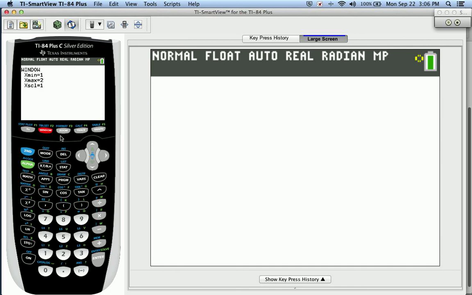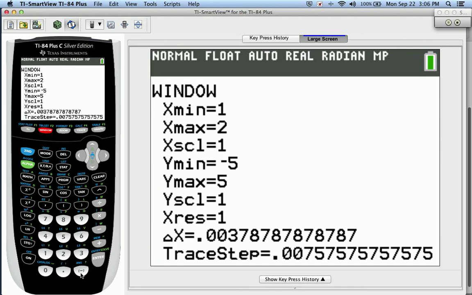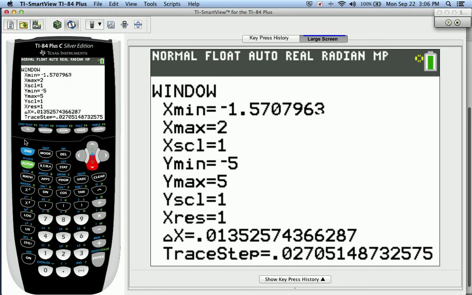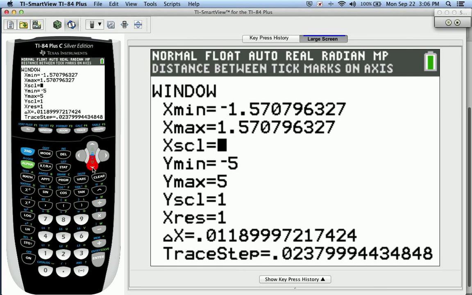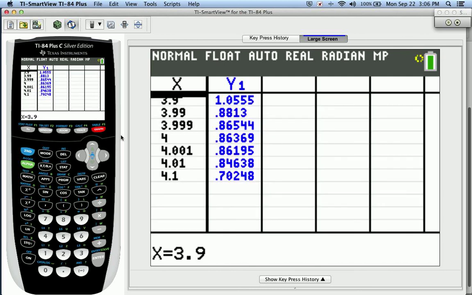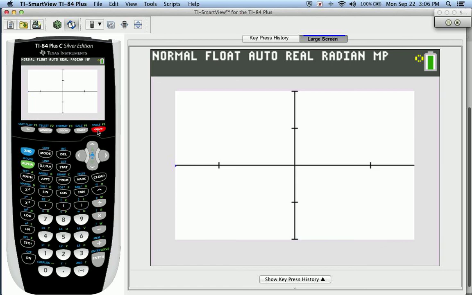My window, I'm really concerned with approaching 0, so I'll go from negative pi over 2 to pi over 2. And I know sine and cosine are between negative 1 and 1, so I'll go negative 2 to 2.